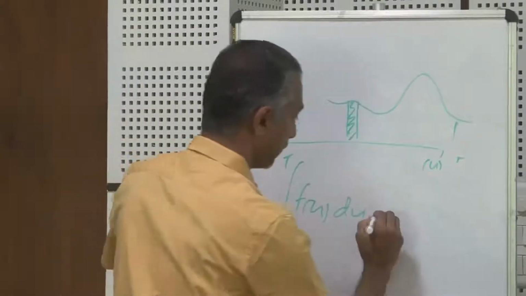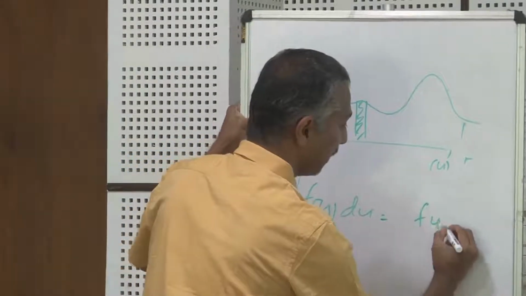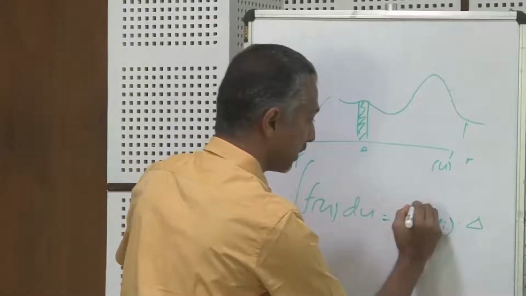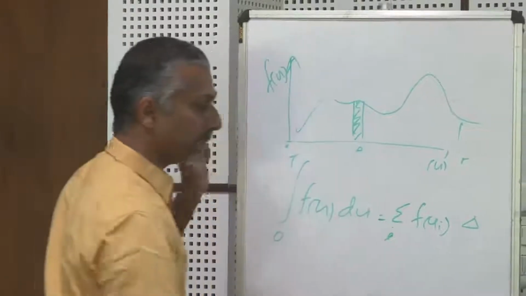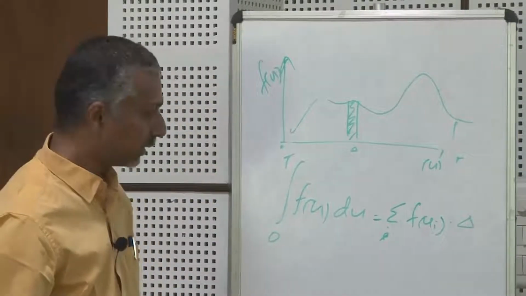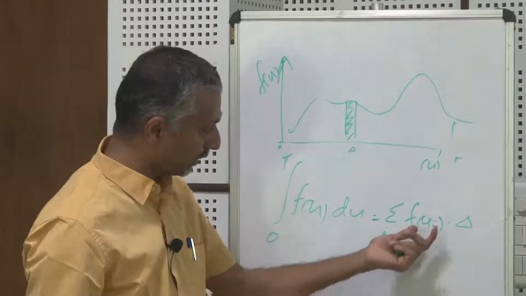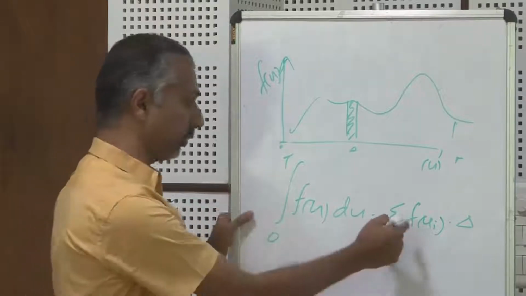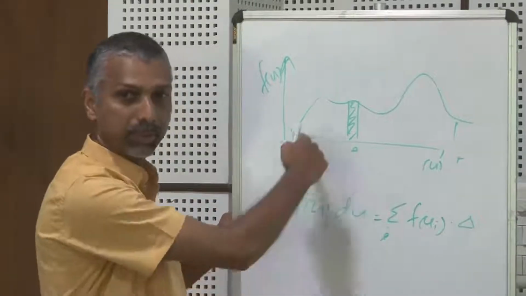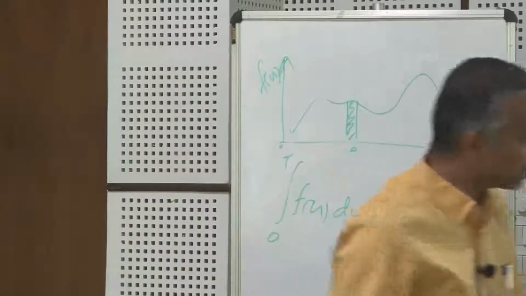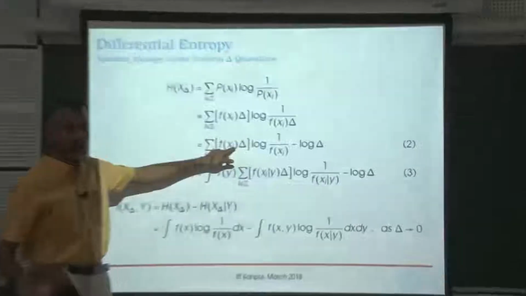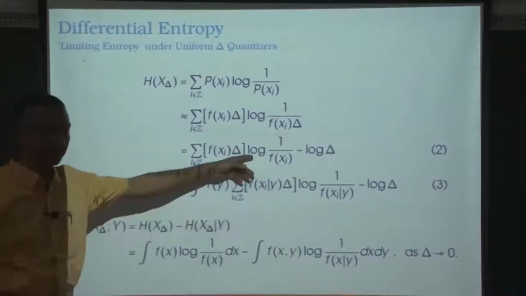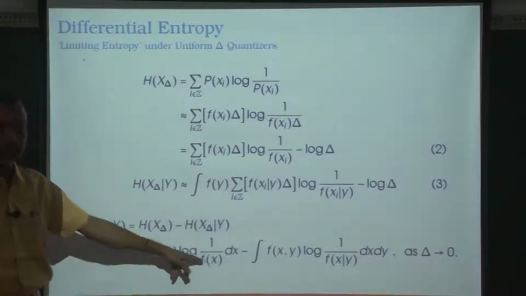So essentially what you take is f(u_i) times delta, that is the area, and then I sum over all i. If I take the width and then the height and product, compute the area of the rectangle, and add it up, then if delta goes small, I will get this equation. This is the Riemann summation. Same thing I am doing here, there is a delta here, f(x_i) log 1 over f(x_i) is my f(u_i) there. So I am just summing over all those things, it will simply go to the integral of f(x) log 1 over f(x).